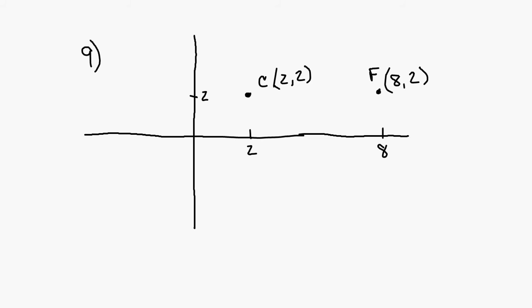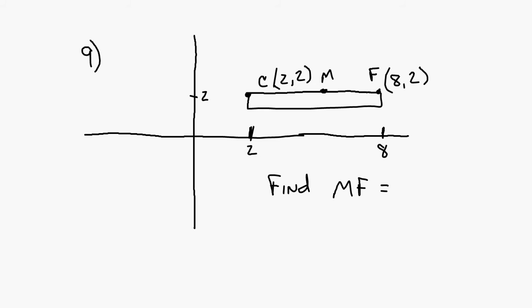M is the midpoint. Alright, so M's right here in the middle. They ask you to find MF, which means how far it is from M to F. Well, if M is the midpoint, isn't it going to be half the entire distance? How far is it from C to F? No, you're going from 2 to 8 on the number line, aren't you? It's a horizontal line. 2 to 8. 6, good.